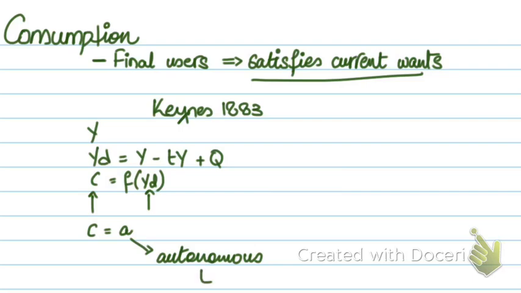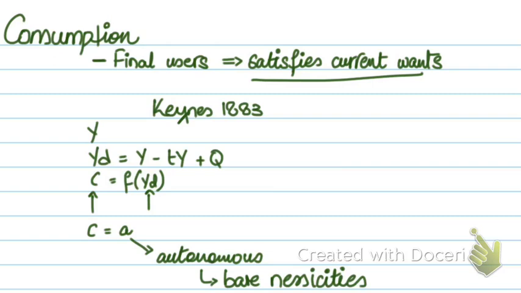Now the question is why autonomous consumption exists. So this is to satisfy your bare necessities. That's healthcare, basic food and shelter. So that's why even when your income levels are zero, there will exist some form of consumption denoted by A.